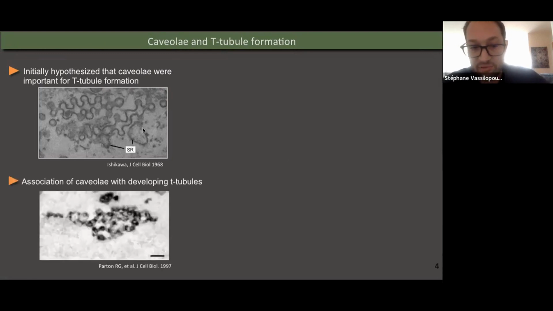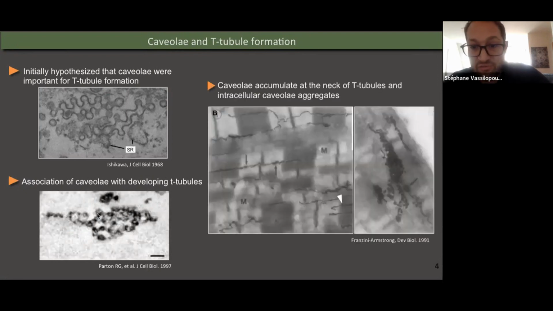This was confirmed by Rob Parton's group, which showed that in muscle cells in culture, you have an association of caveolae regions with developing T-tubules, in structures which look like this. They were regions with small accumulations of caveolae, which seem to be the regions from where T-tubules would emanate.